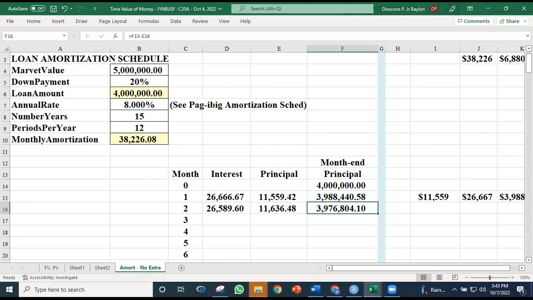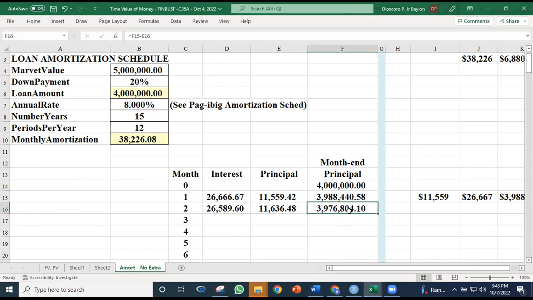Okay, let me pause for a while, class. Any questions about the formula? Okay, para mas mabilis tayo, guys. Okay, Migs, what's your question? Sir, how do you get the month-end principal again? This one? Yes, sir. Okay.